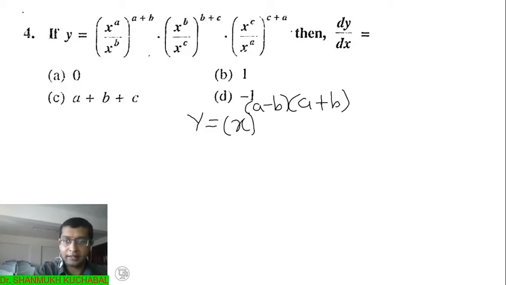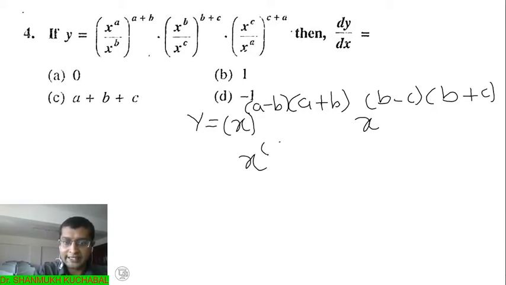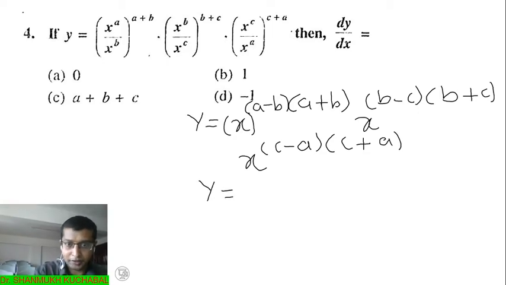Then x to the power of b minus c, and b plus c. Similarly x to the power of c minus a, and c plus a. It is a very simple technique. So y equals x raised to a minus b into a plus b, which is a square minus b square.